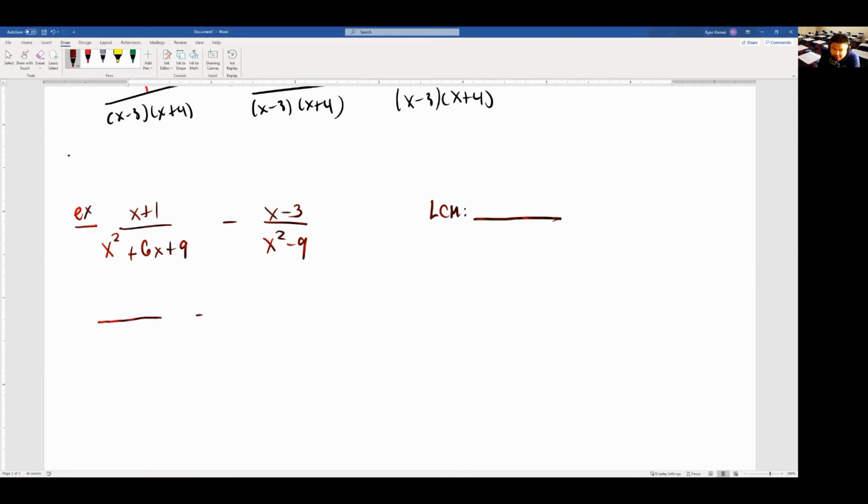What's going to be the new denominator for each of these? This is a little tricky. Actually, I'm just going to do it. So this is x plus 3, x plus 3. Okay. This is x minus 3, x plus 3.